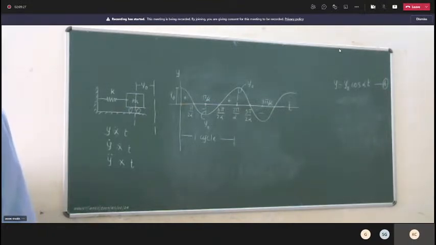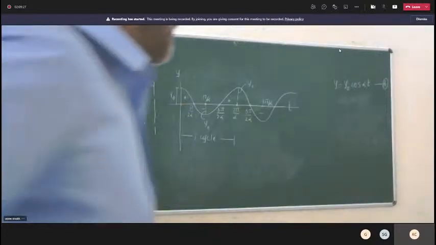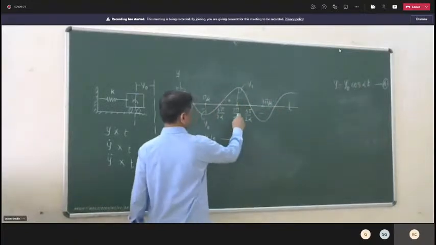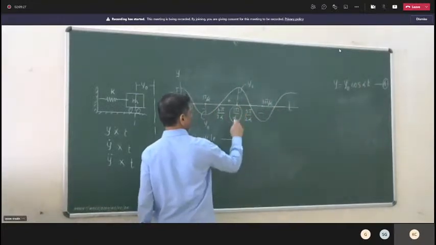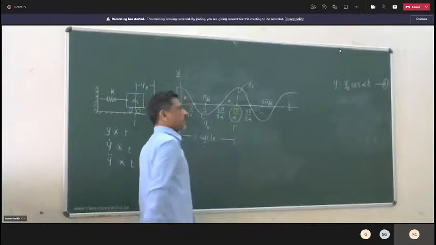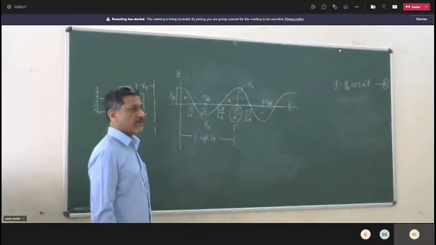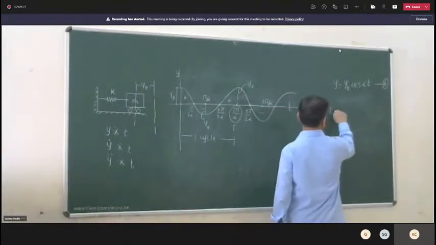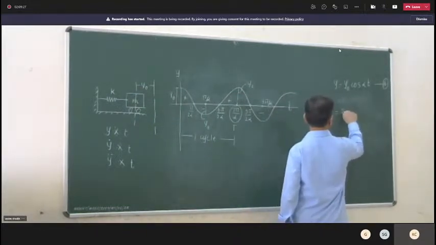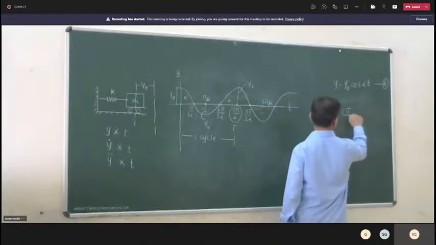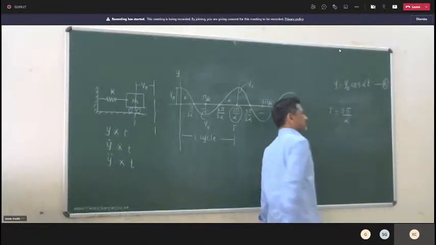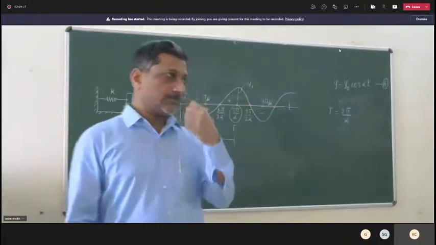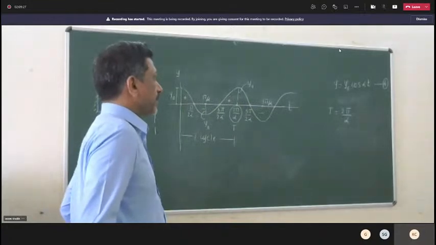So this is the time, that is capital T. From here I can get T is equal to 2 pi upon alpha. Right?